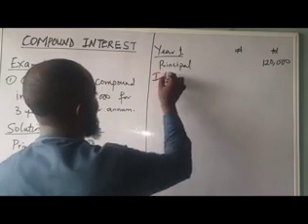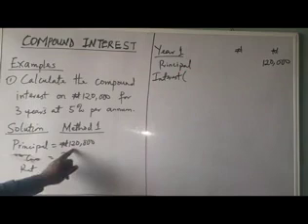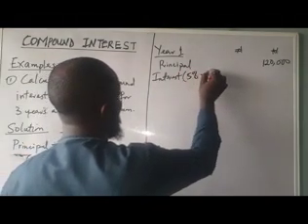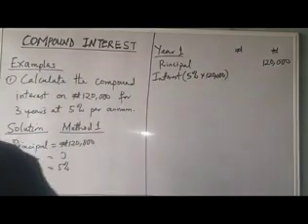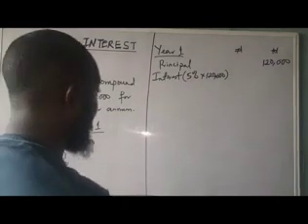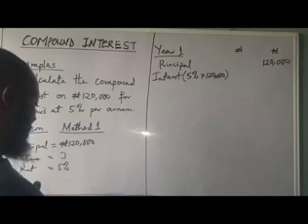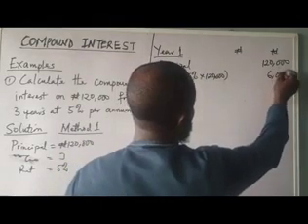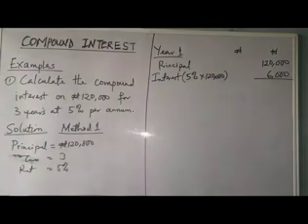Interest on 120,000, that is 5% of 120,000. So we calculate it, and that gives 0.05 times 120,000. That gives 6,000 naira. So this is the interest for the first year.